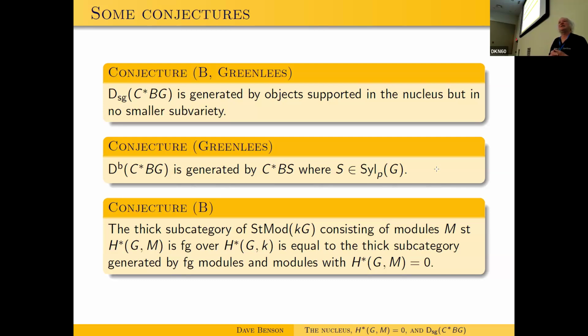So we don't know whether that's true. If it is true, then we can prove that actually 1/2 of the conjecture above is true, namely the singularity category is at least generated by objects with support in the nucleus, but it's not obvious that you can't go to something smaller.